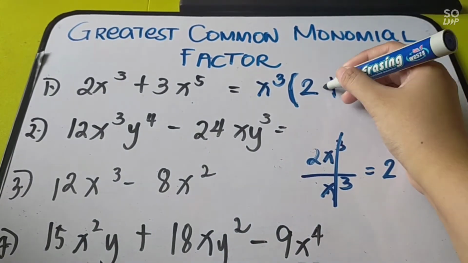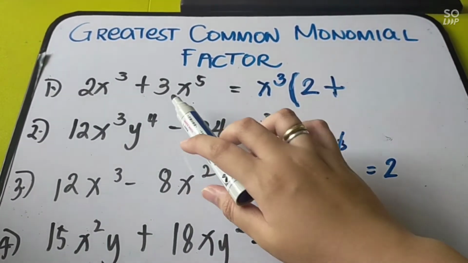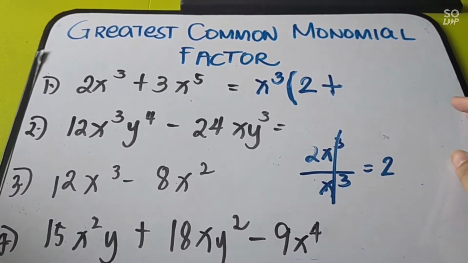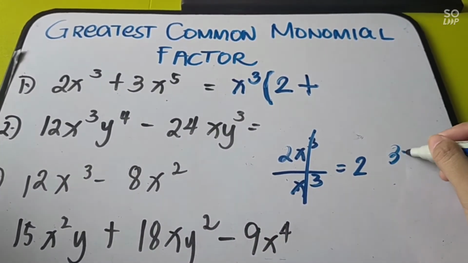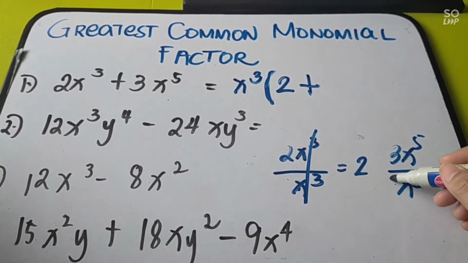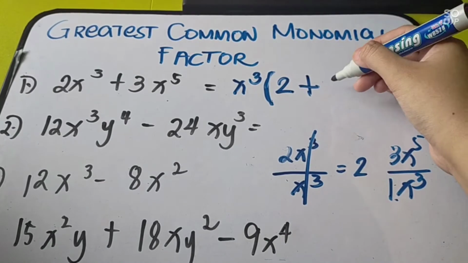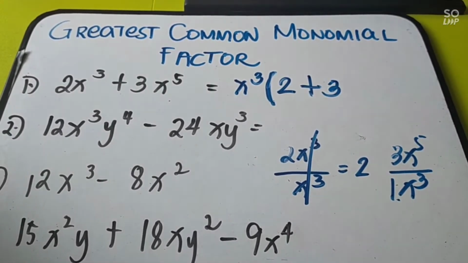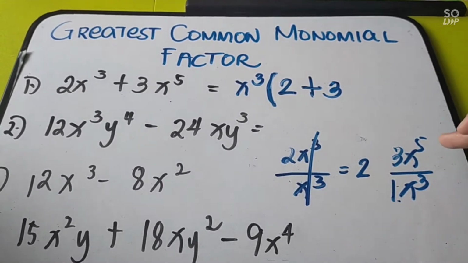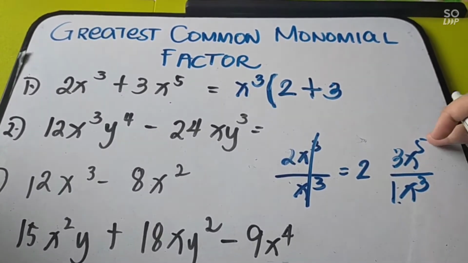Then, write here plus. Next, we have 3x raised to 5 divided by x cubed. So, dito naman tayo. You have here 3x raised to 5 divided by x cubed. So, we have here 1. 3 divided by 1. The answer here is 3. Next, dun tayo kay variable. Kapag ikaw magdi-divide ng variable na may exponent, susubtract mo lang yung exponent niya.